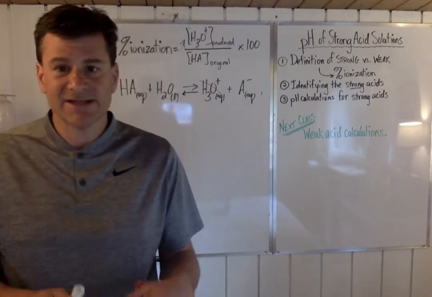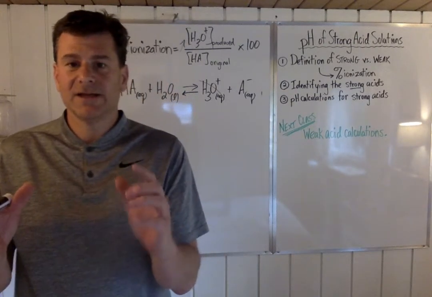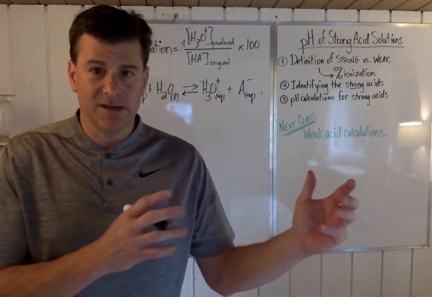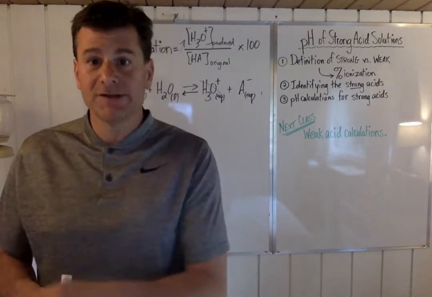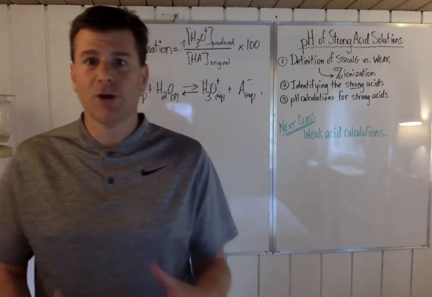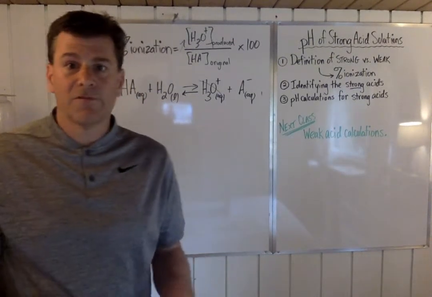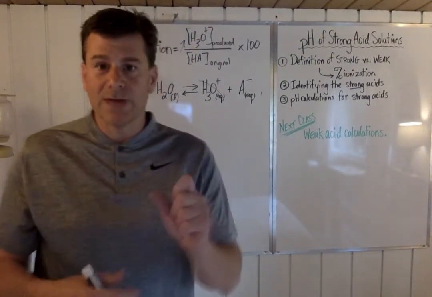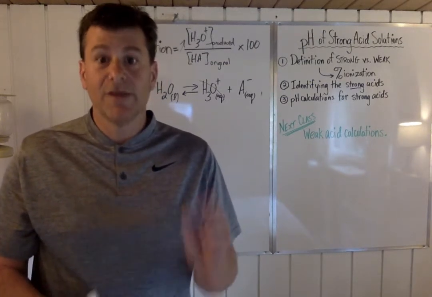What strong acids do is that they get rid of their H so easily, and it's so hard to put the H back onto the A-, that they are, for all intents and purposes, 100% to the product side. For all intents and purposes. The reality is they're not, but for all intents and purposes, they are.